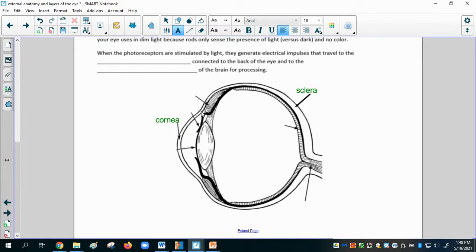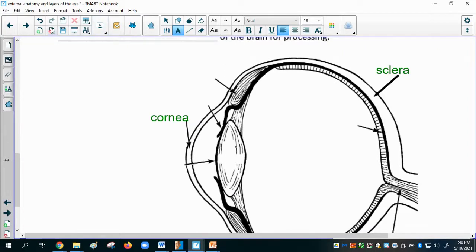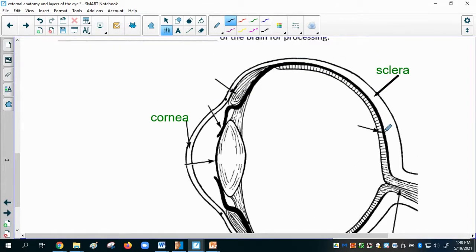And I would say the difference, if we were to make a mark where the cornea and the sclera meet, that mark would be right about here. So from here to here, between my little dots, is the cornea, and then everything else is the white part called the sclera.